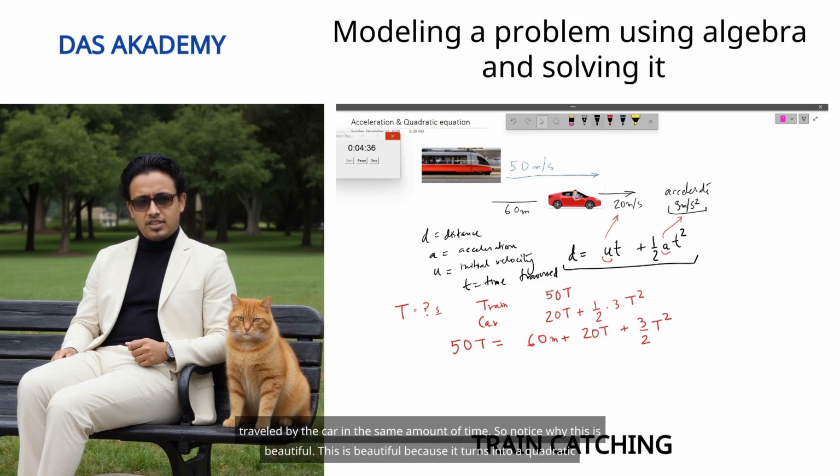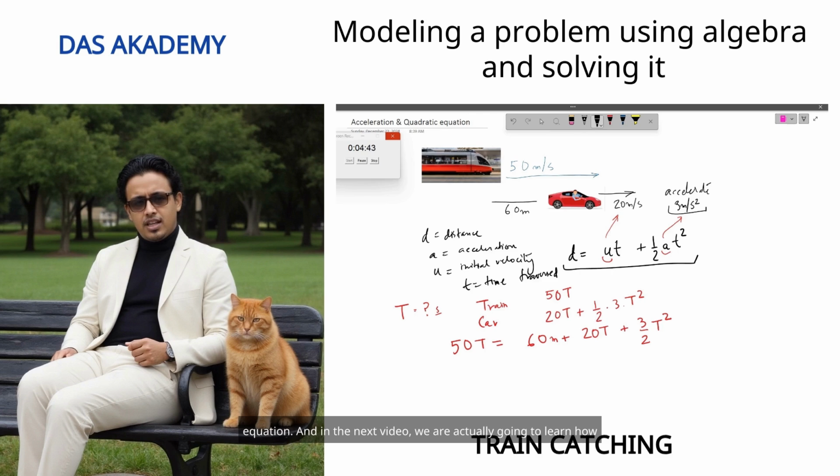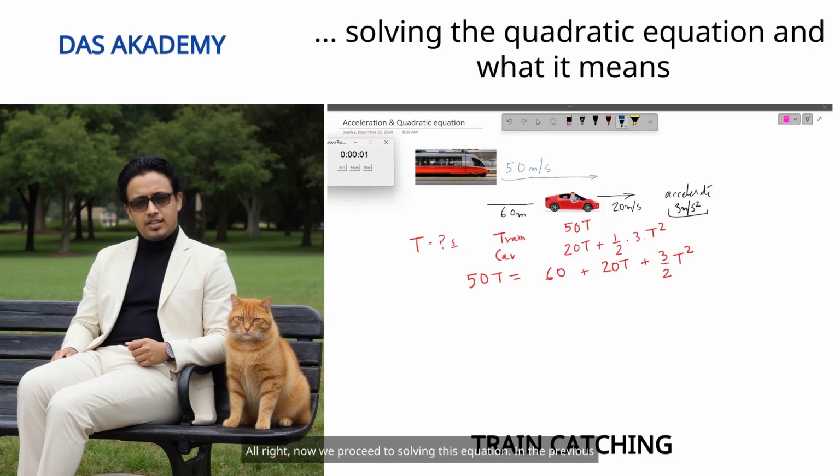So notice why this is beautiful. This is beautiful because it turns into a quadratic equation. All right, now we proceed to solving this equation.